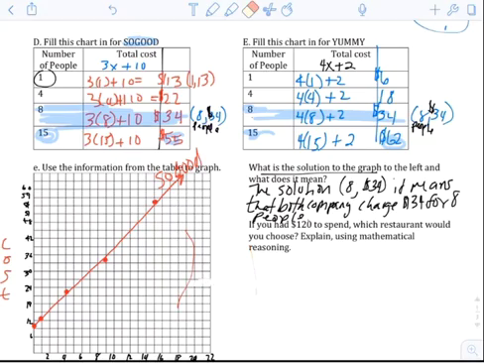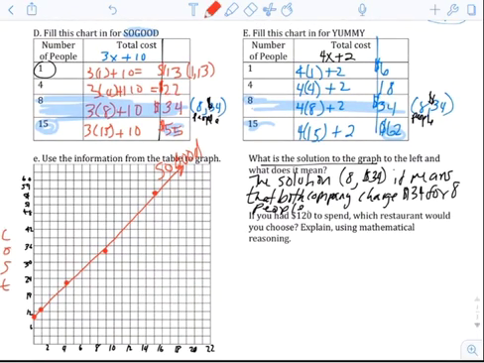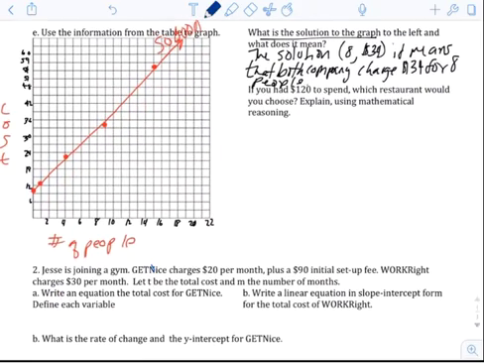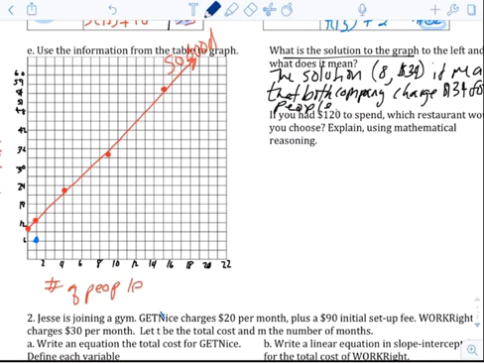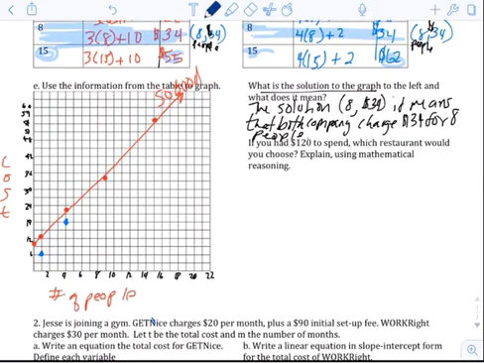Okay, you should be keeping up or going faster than me. Now the other one is Yummy. 1 is 6. 4 is 18. 8 is 34. Oh look, I put it in the wrong spot.